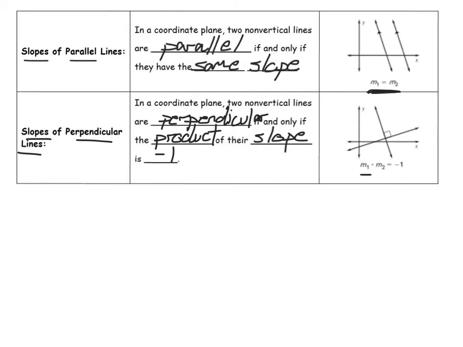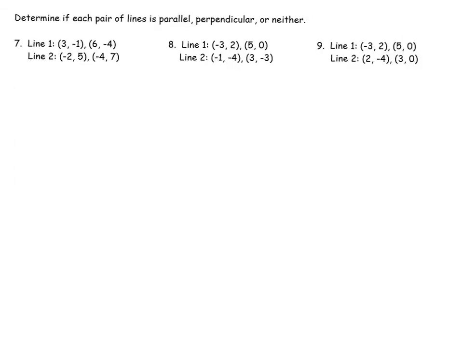So if I multiply their slopes together, m1 times m2, I'm going to get -1. The other piece of information I want to include here, the symbol for perpendicular is kind of like a capital upside down T. Okay, so when you see that symbol, it's telling you that the two lines pictured are perpendicular.